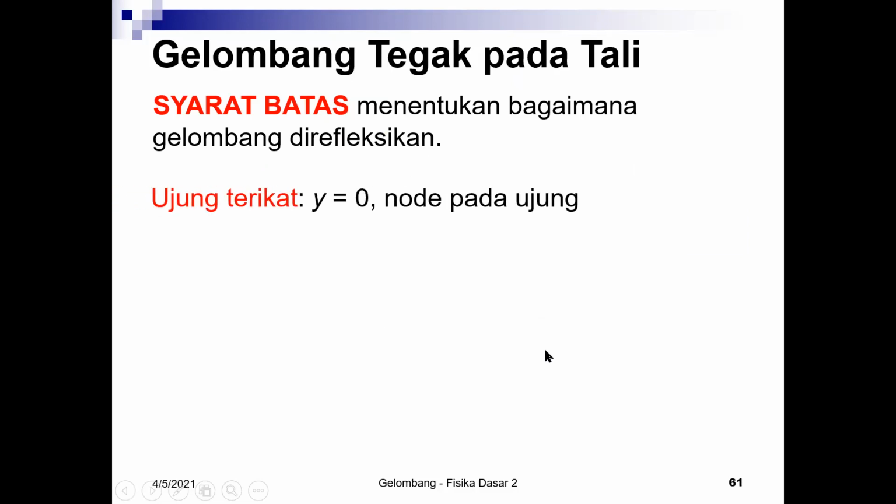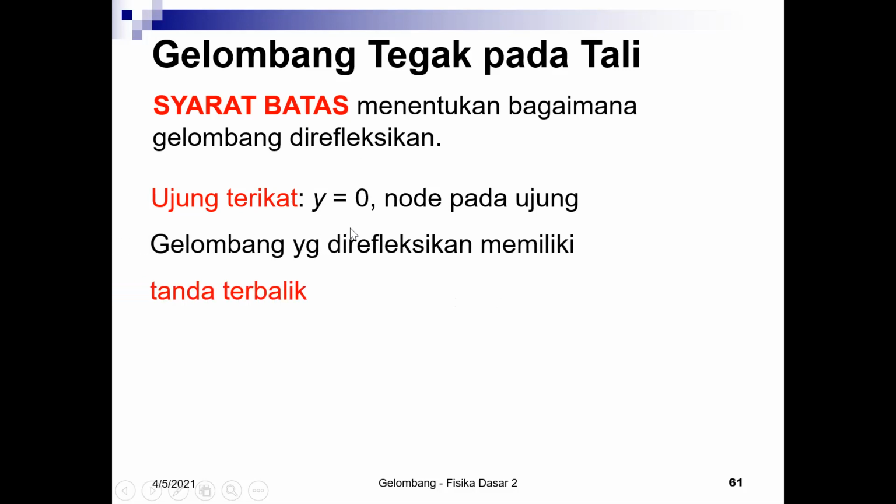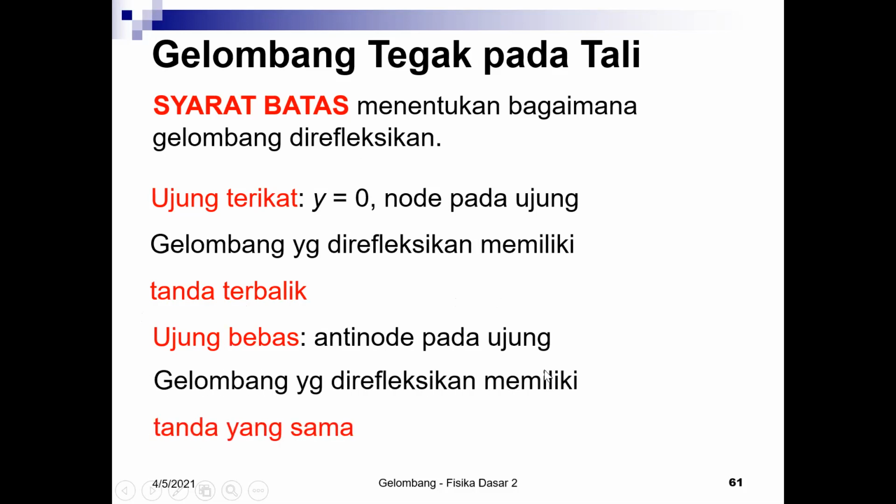Boundary condition on the standing wave: usually for a fixed end, we have a node at the end, and the reflected wave has a different phase. For a free end, we get an antinode at the end, and the wave has the same phase.